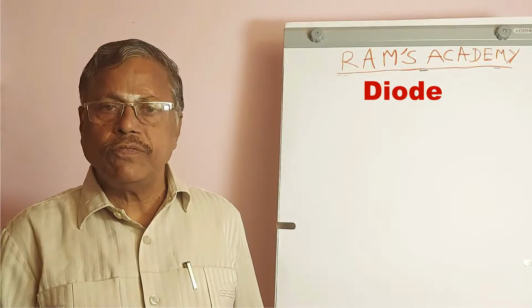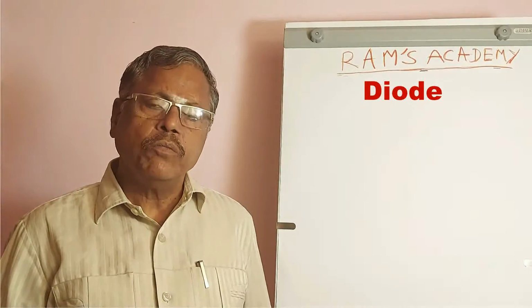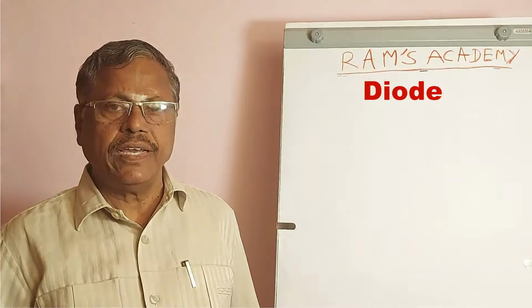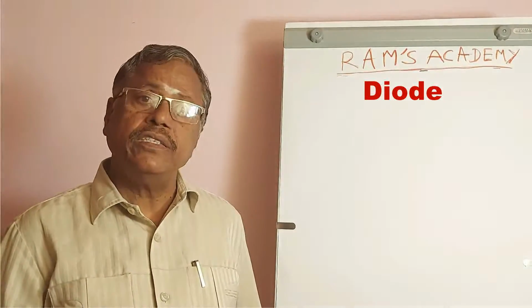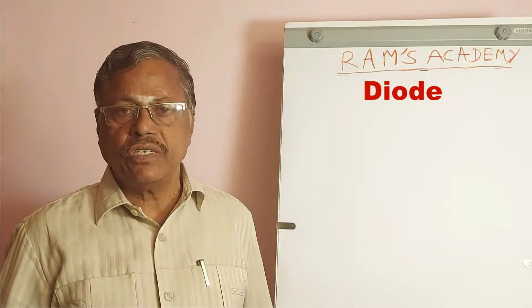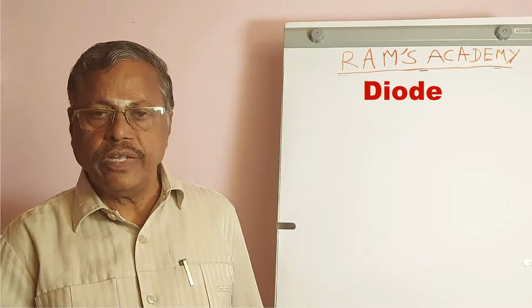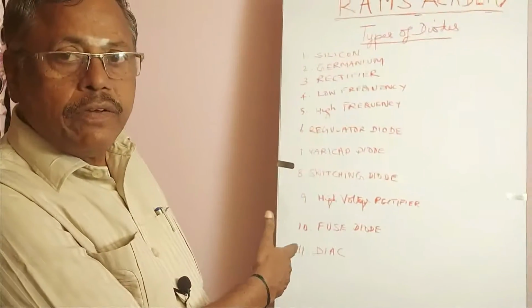The diode used for rectification and the diode used for communication equipment are different, with different characteristics, different voltages, and different internal structure. There are a lot of diodes, and that is what I am going to discuss today. About 11 types are here.